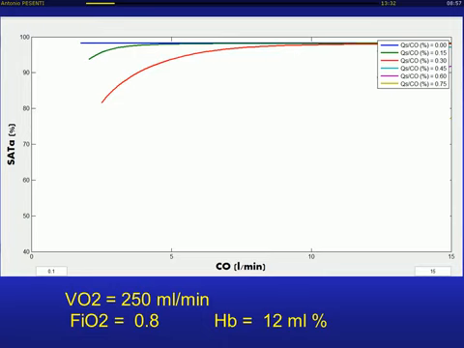In normal subjects with very low intrapulmonary shunt, the effect of cardiac output on arterial oxygenation is negligible, from 10 liters per minute to 3 liters per minute. But as soon as we have a small shunt, 15% or even 30%, when the cardiac output goes really low, you see saturation going down.